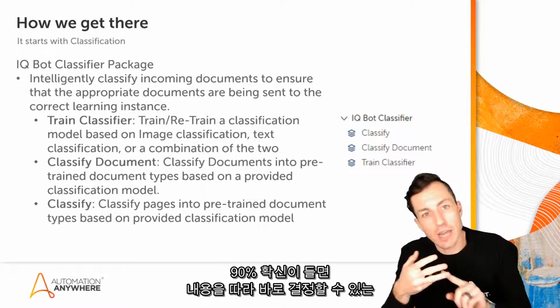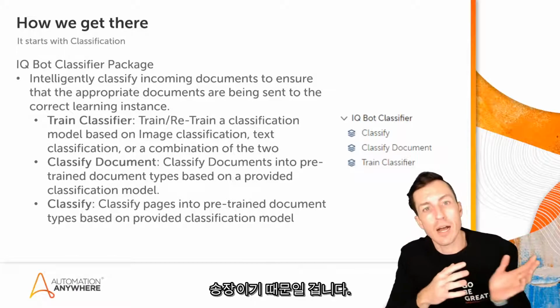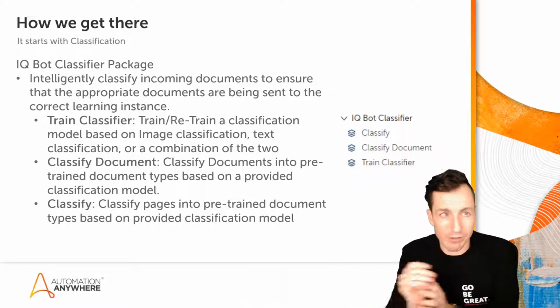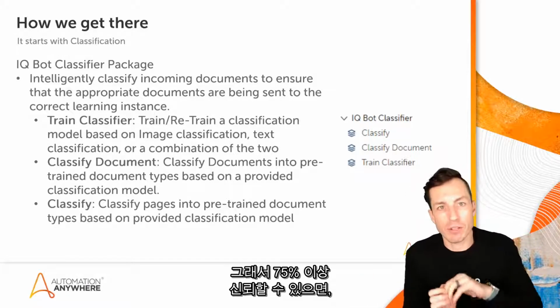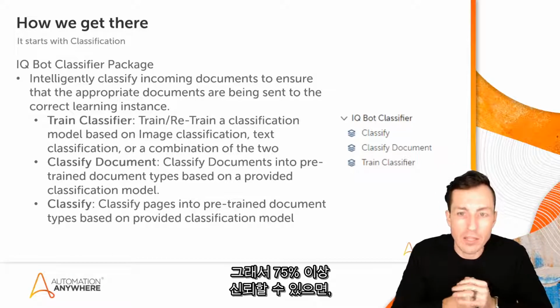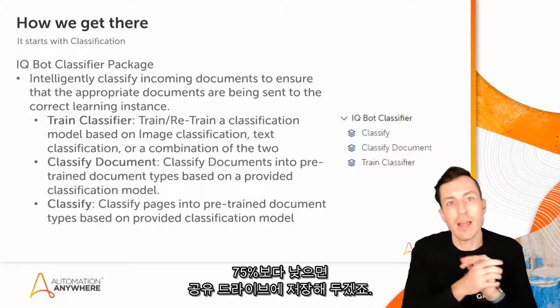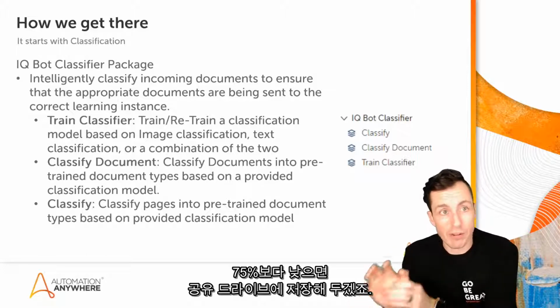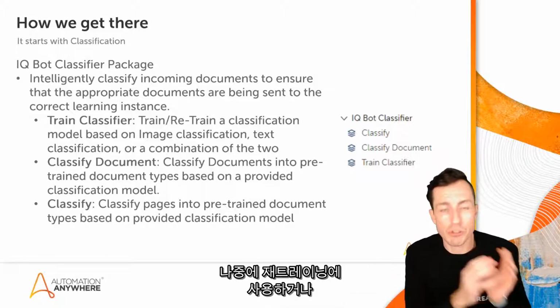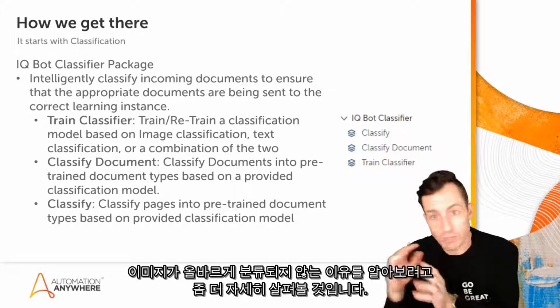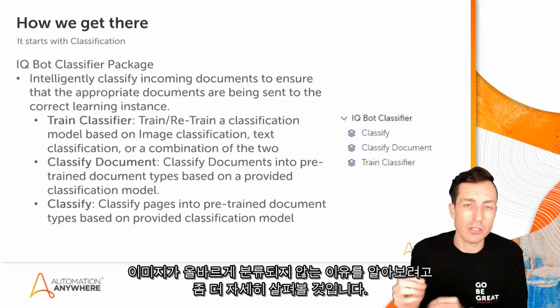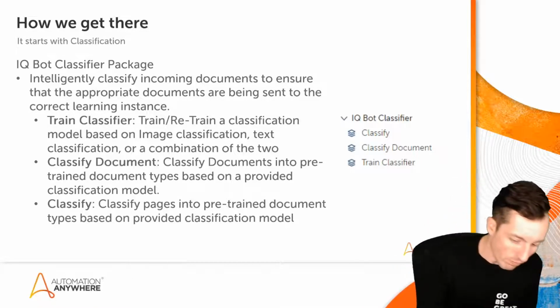But if it says it's 90% sure that's an invoice, then I can make decisions accordingly, right? So I might say, hey, anything greater than 75% on the confidence, I'm going to move forward with it. If it's lower than 75, I might save it out to a shared drive so that I can use that for retraining in the future, or dig in a little bit more to see why this image isn't classifying correctly.